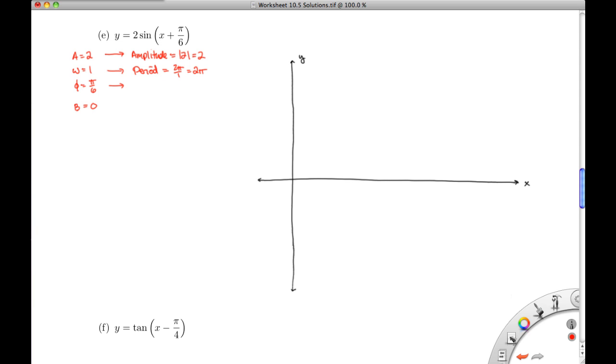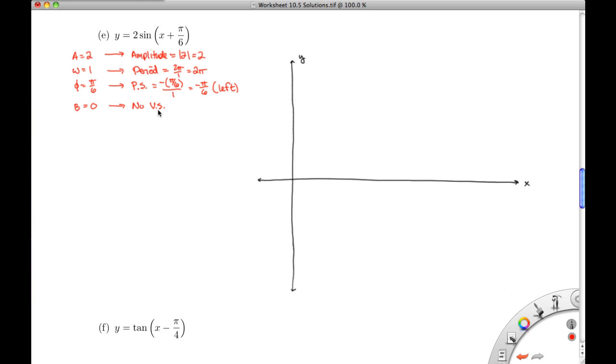Our phase shift, we're going to take minus phi divided by omega, we get negative pi over 6. So this means that we're going to the left. When that phase shift comes out negative, it means you're going to the left. And then no vertical shift.